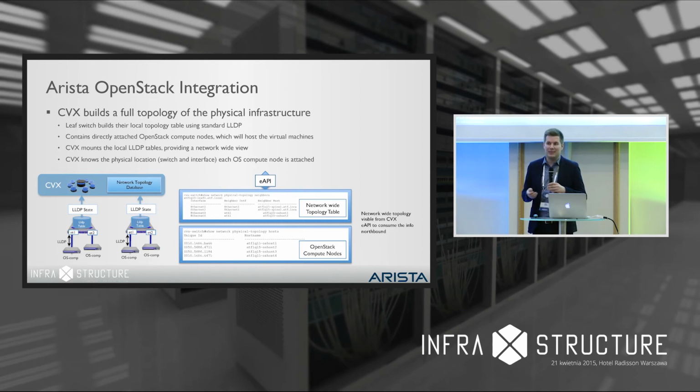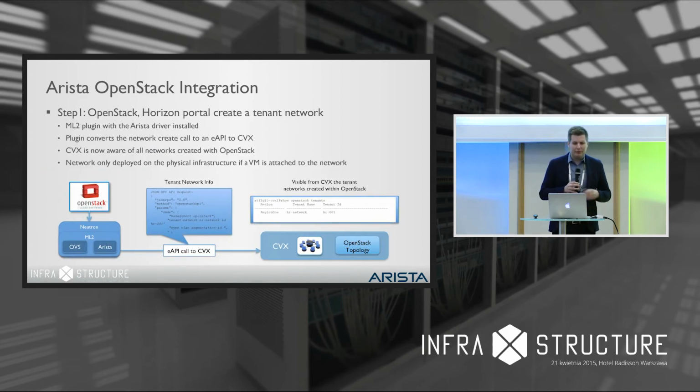So our integration with OpenStack, again, uses this open, standards-based LLDP protocol to work out what OpenStack host is where on the network. So straight off, even if we're not doing any changes, any configuration, we can still know where hosts are on the network, and from that deduce what VM is where on the network.